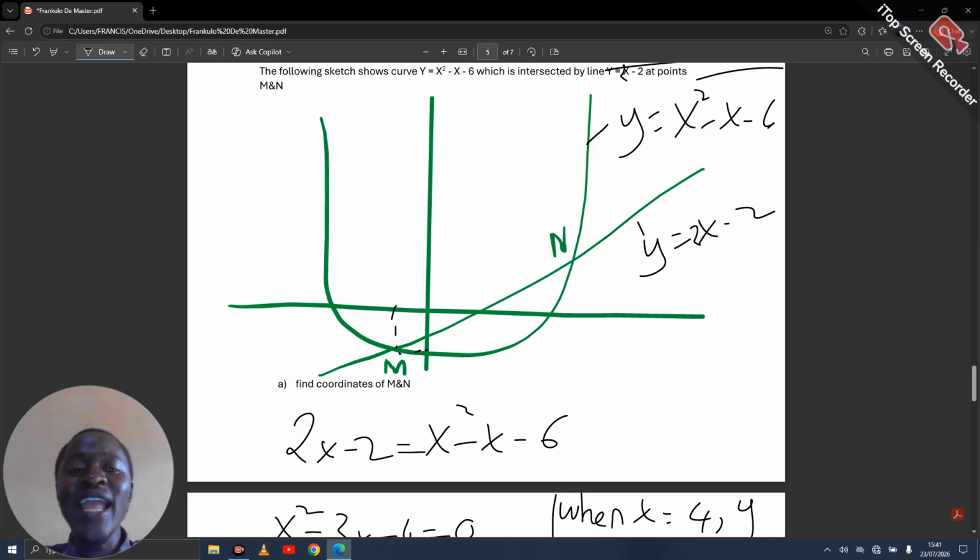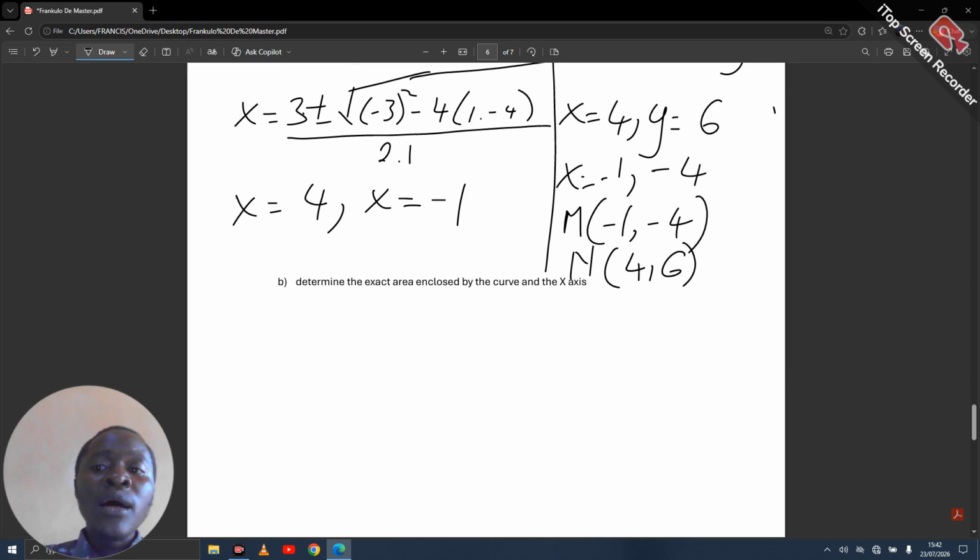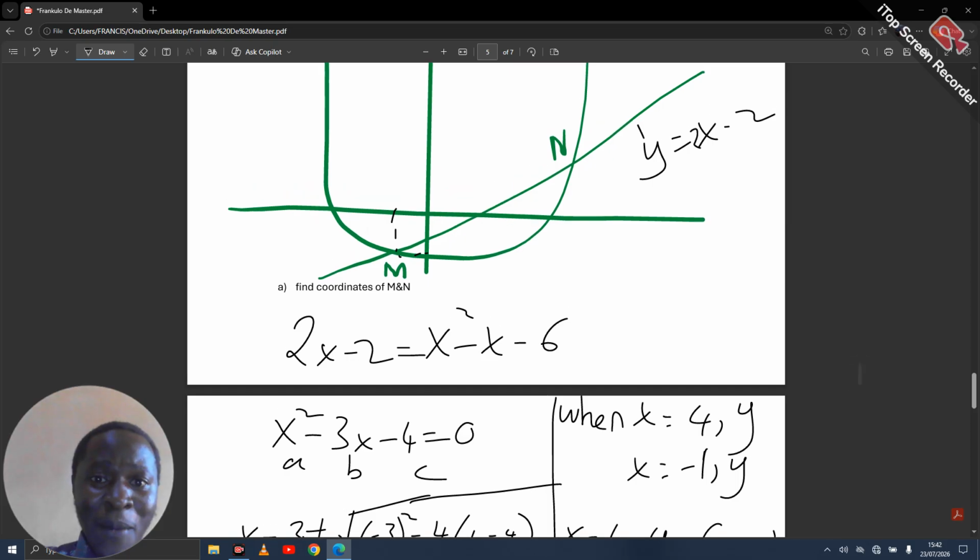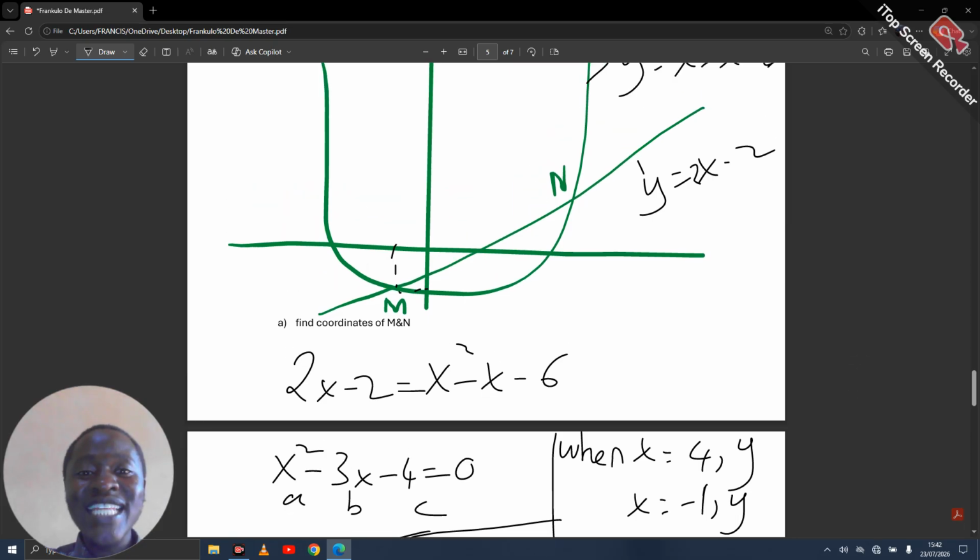Make sure you pay attention to the question. It is not a curve and a line. It is a curve and the x-axis, not a line. And remember, the coordinates at which the curve intersects the x-axis are not provided. So you must reason, you must think.